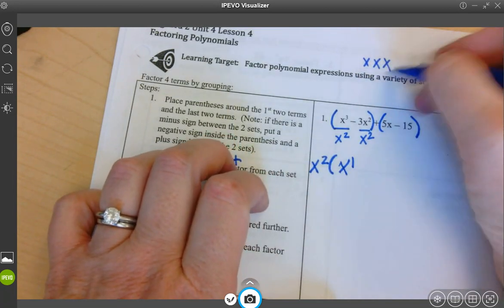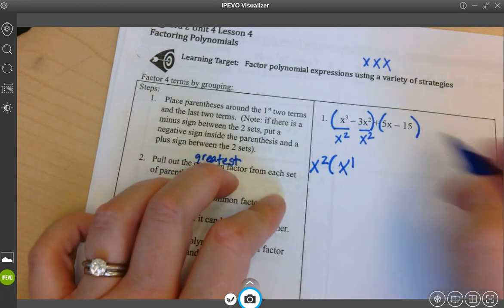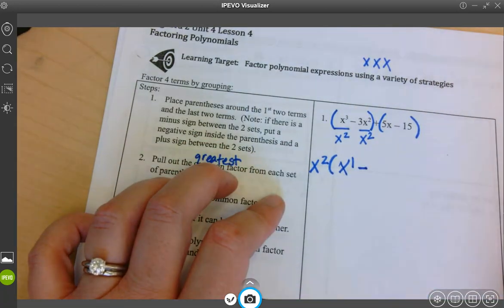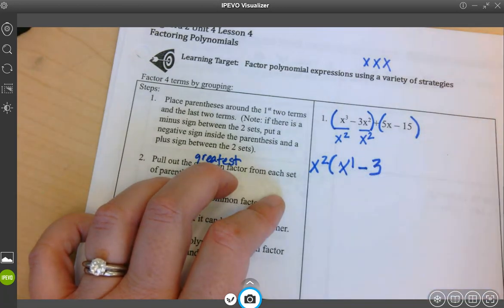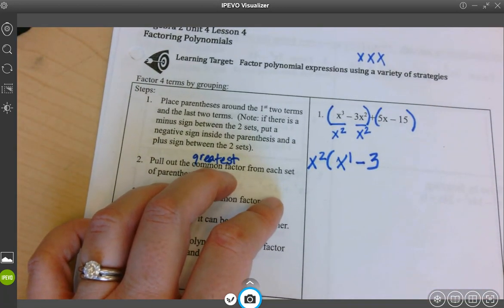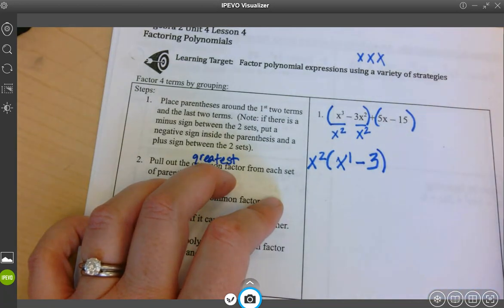And so if I multiply them all together, I do get x to the 3. That's what I started with. Minus just 3, you're right. Okay. Now, do I have to write x to the 1? I could just write x. I don't have to write x to the 1, but I did write x to the 1.